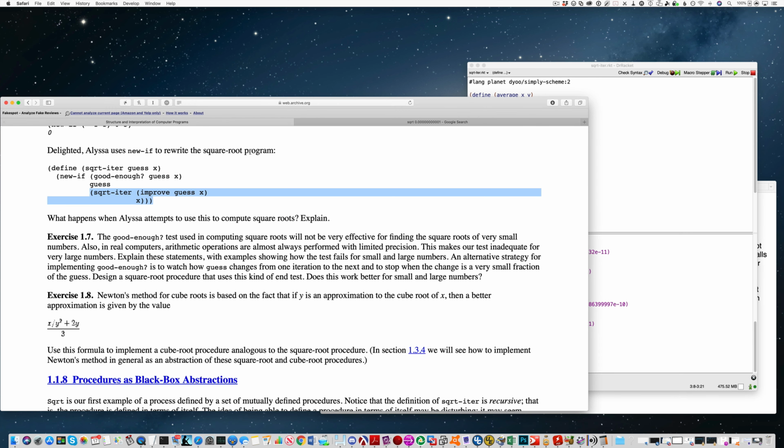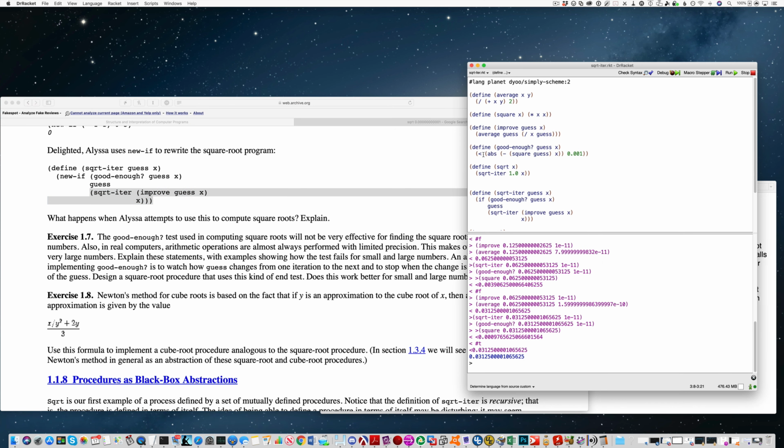Right, so the good enough test used in computing square roots will not be very effective for finding the square roots of very small numbers. Why? Well, because the way it's figuring out whether something is good enough is, it takes a guess and the number whose square root you're trying to find, and it says, is the difference between the square of your guess and the number whose square root you're trying to find less than 0.001?